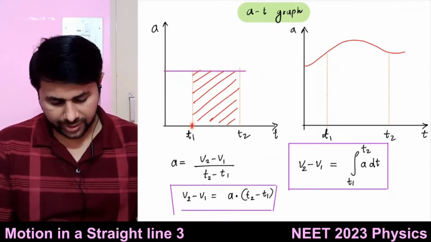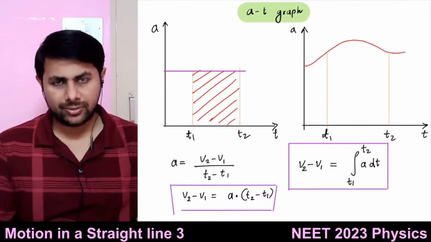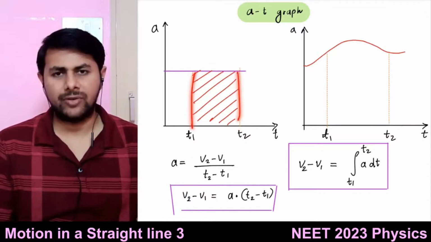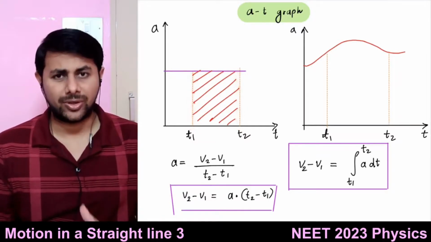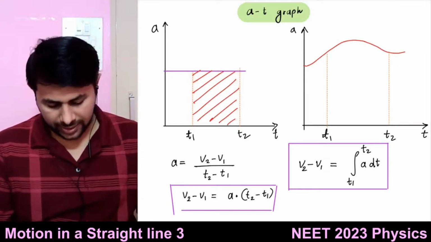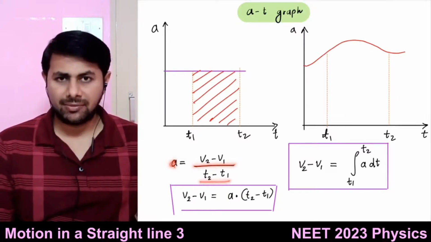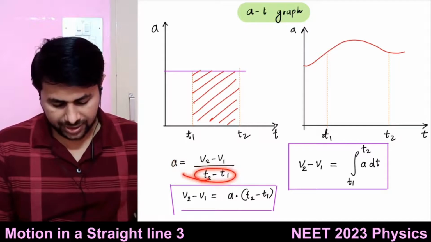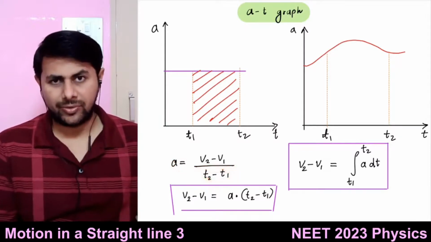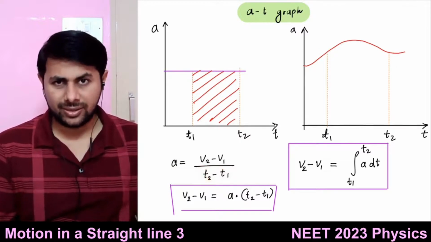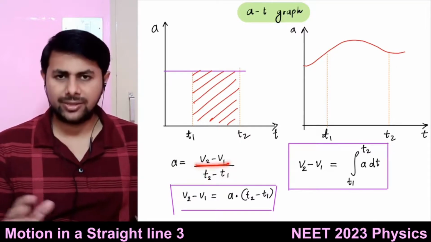And if we consider time interval from t1 to t2, then you can see the area under this curve will give you what? It will give you change in velocity. How? So acceleration is change in velocity divided by change in time. So if you take this change in time on left hand side, what do you get? You get acceleration multiplied by t2 minus t1, and it is v2 minus v1.